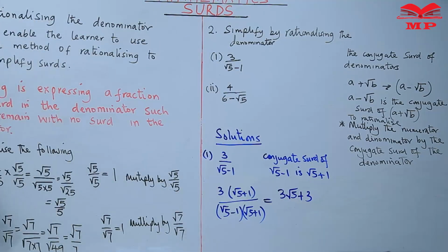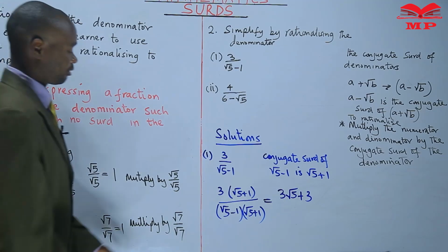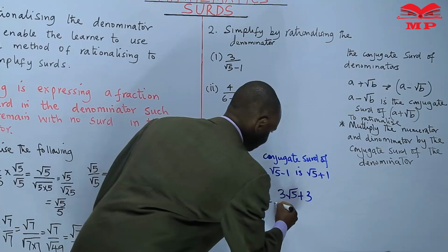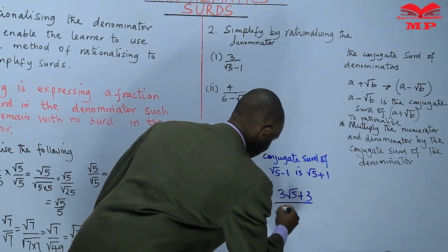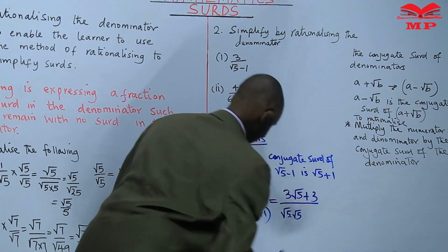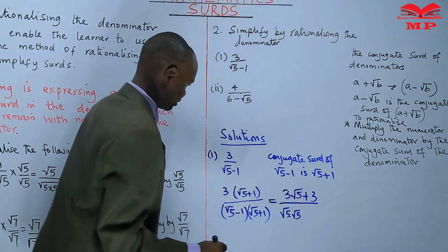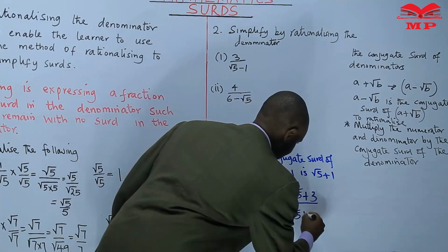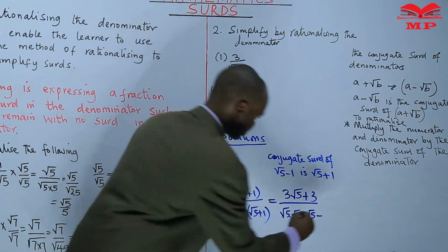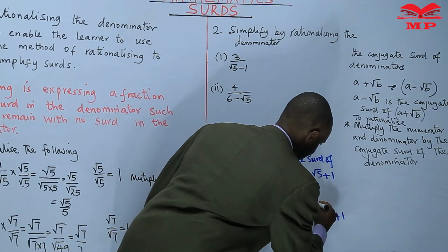You open the brackets. Then here you open the bracket, square root of 5 times square root of 5, you'll have square root of 5 times square root of 5, minus, plus square root of 5, minus square root of 5, plus 1.